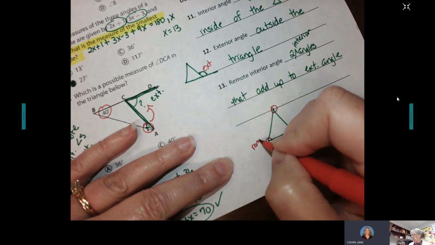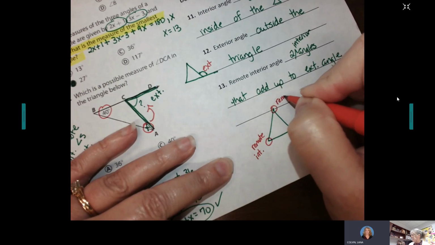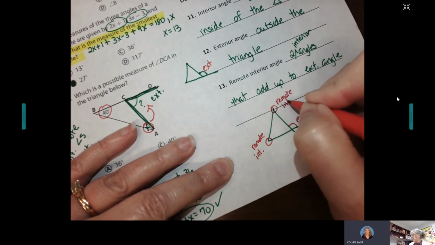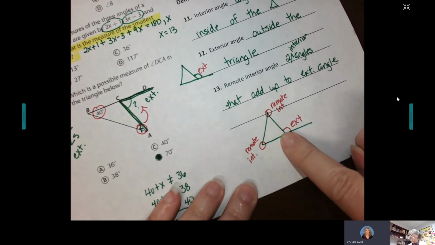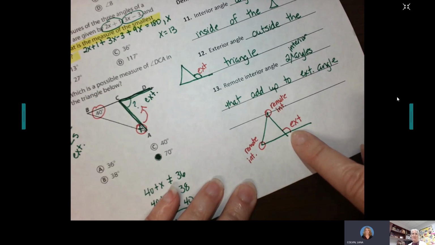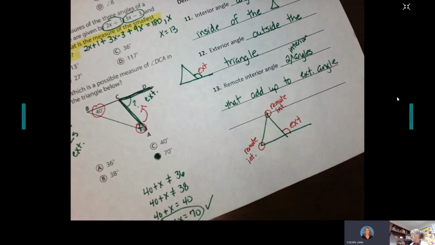This is a remote interior angle. This is a remote interior. You see how it's not the angle right next to the exterior. It's the two furthest away from it. Does this make sense? Any questions on vocabulary?